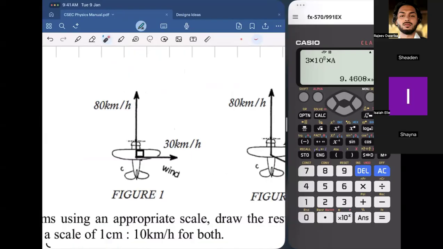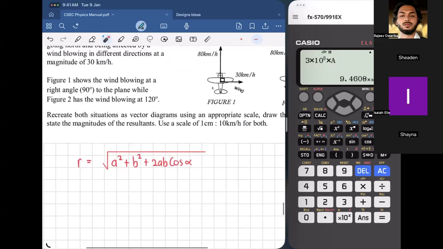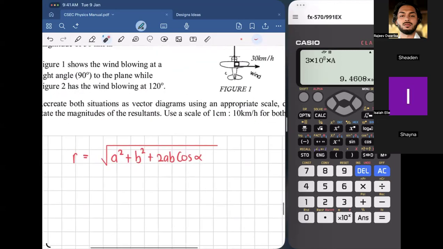You're going to be mind blown. If you wanted to do this, now that you see it's Pythagoras theorem, you could just say R would be equal to the square root of 80 squared plus 30 squared. Yes, you can do that. It's just so cool.